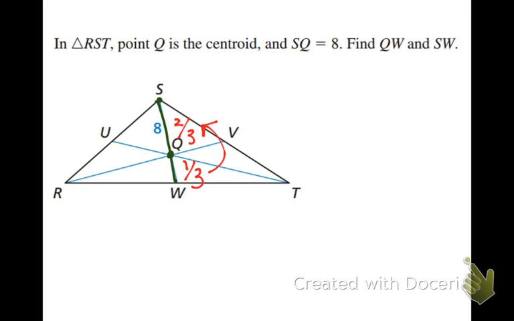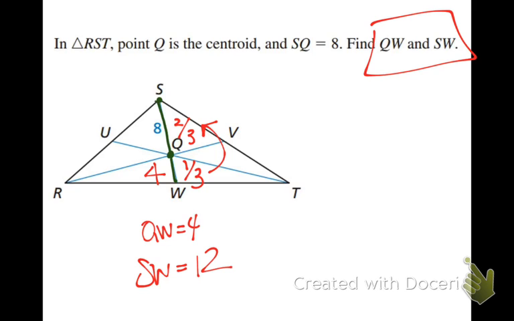Divide by 2. So then the 1/3 will be 4 in this picture. Okay? So 8 and 4. What will the length of the whole line be? 12. So QW is 4. That's what it asked me in the top right corner. And then it says SW is 12.